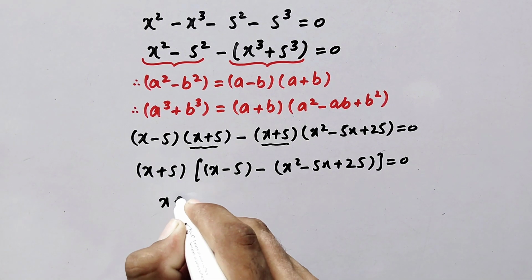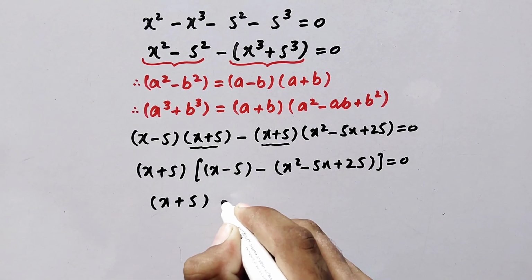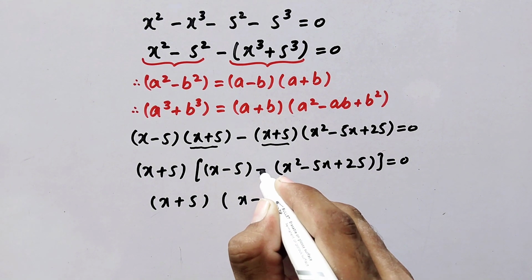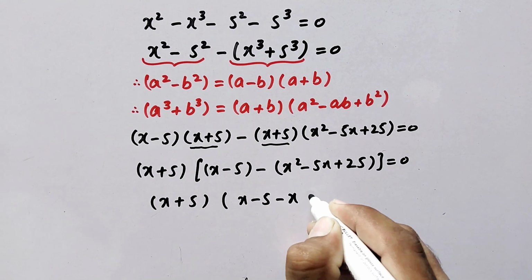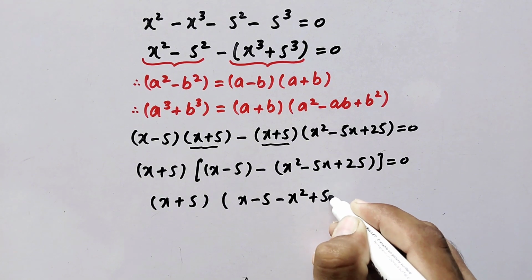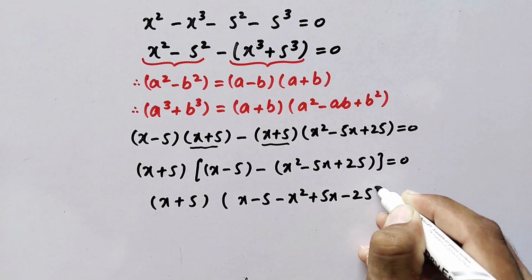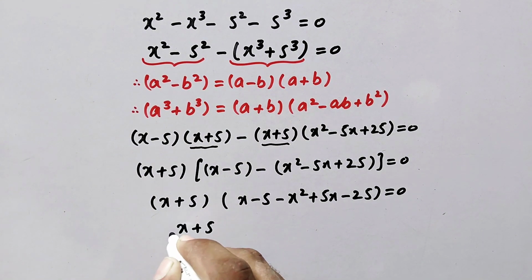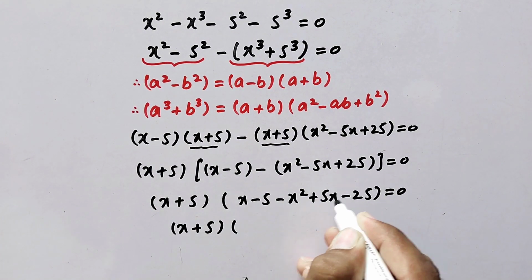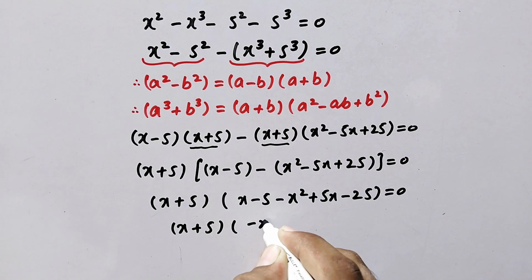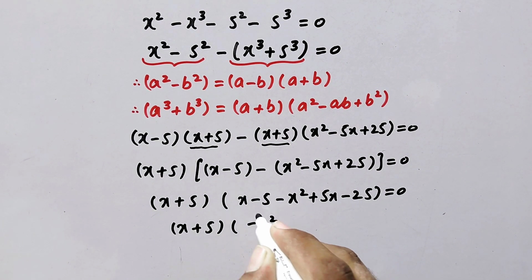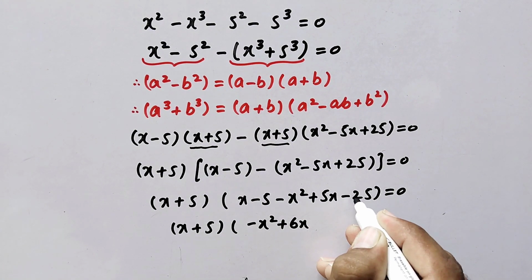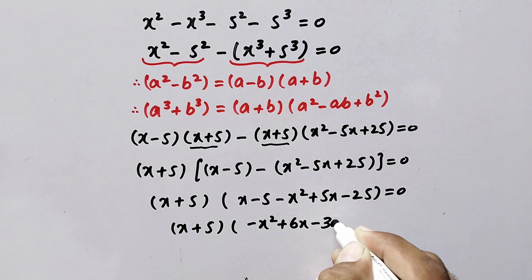So now x plus 5 times x minus 5, multiplying this negative sign inside the bracket, here will be minus x square plus 5x minus 25 equal to 0. Now here is x plus 5 times, rearranging this equation, here will be minus x square plus 5x and plus 1x will be plus 6x, and minus 25 minus 5 will be equal to minus 30 equal to 0.